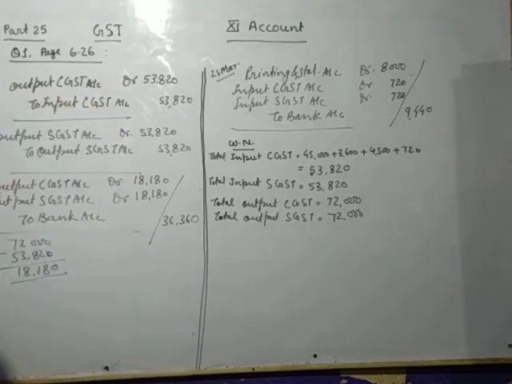So 36,360 rupees you will pay to the government. This was a simple adjustment because here output GST was more than input GST. So thank you student.